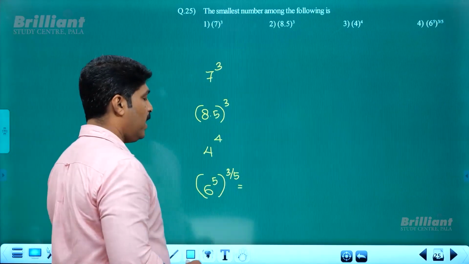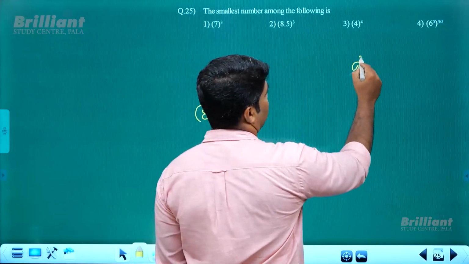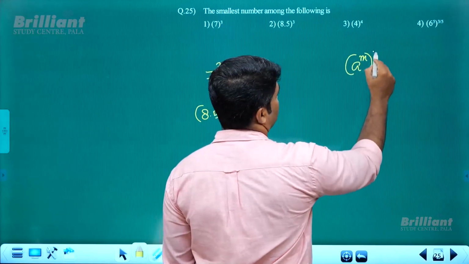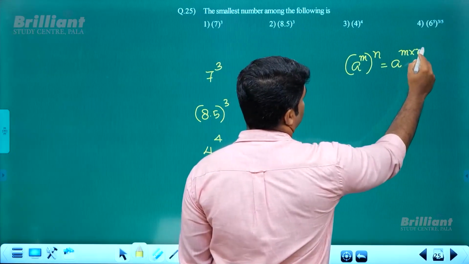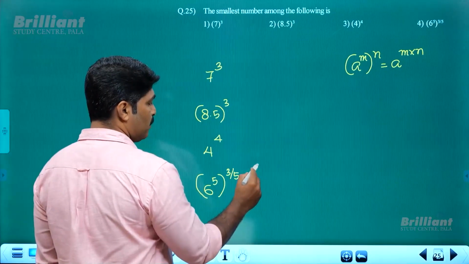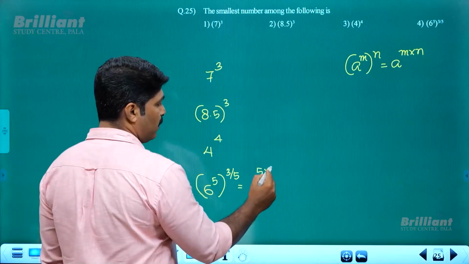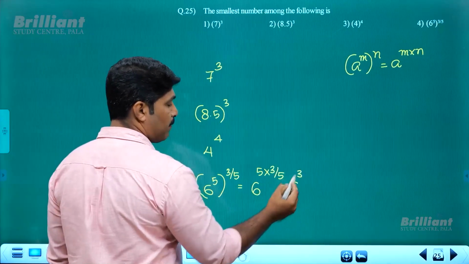So just apply the exponential rule. Which exponential rule? A raised to m, the whole raised to n, is a raised to m into n. Applying that rule, this is 6 raised to 5 into 3 by 5, that is the same as 6 cube.